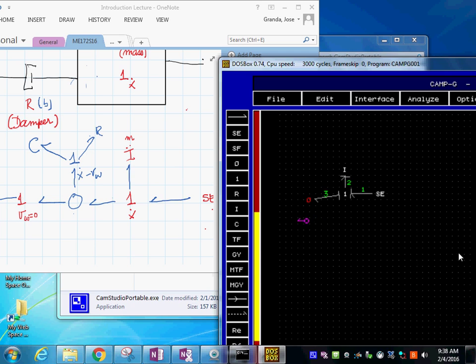Then we have a 1 over here. And then a C and an R. And then we have the R element, and the SF, which is over here.